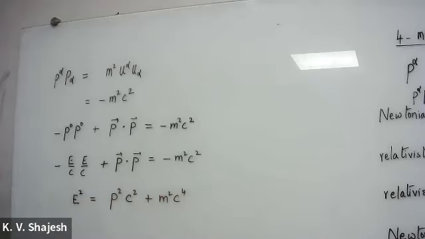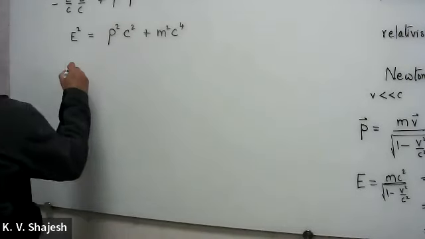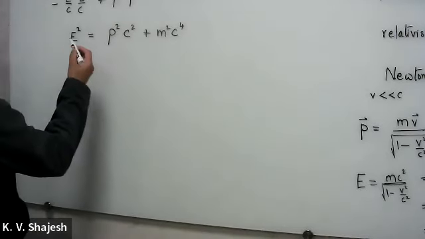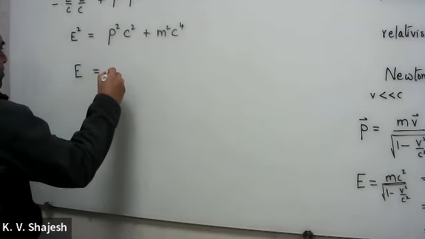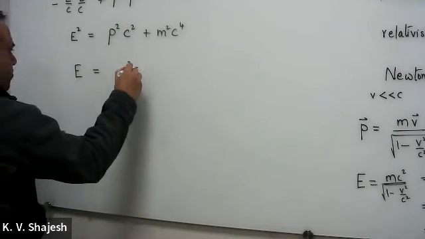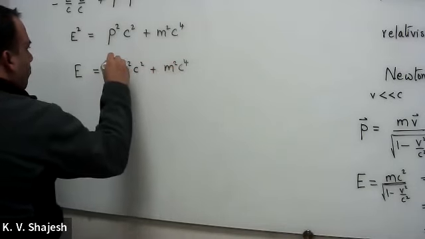Or even better, the relativistic generalization of kinetic energy is E equals the square root of P squared c squared plus m squared c raised to 4.